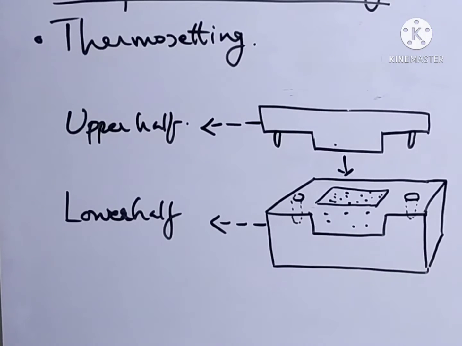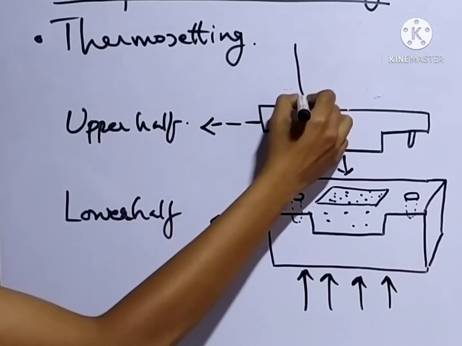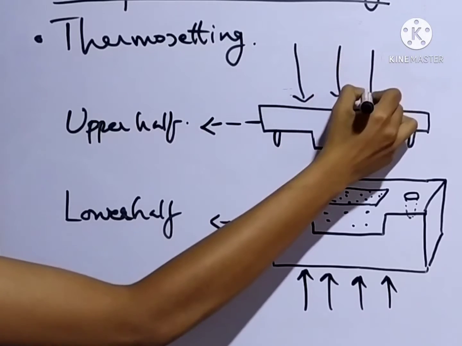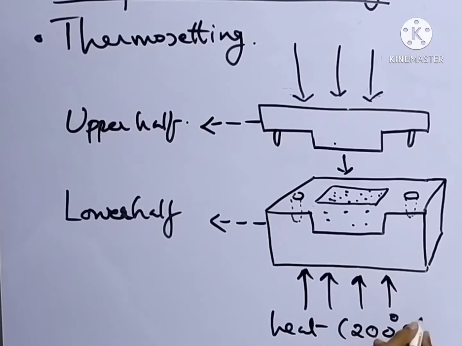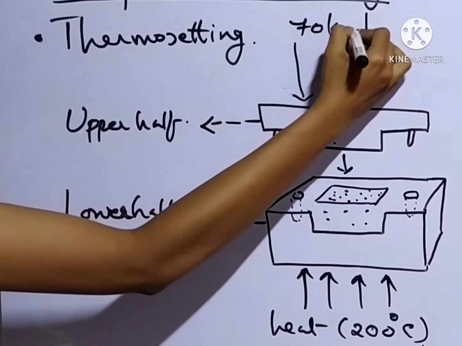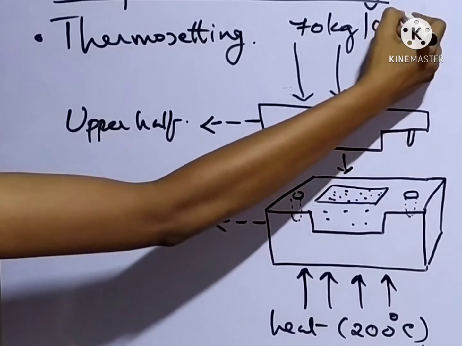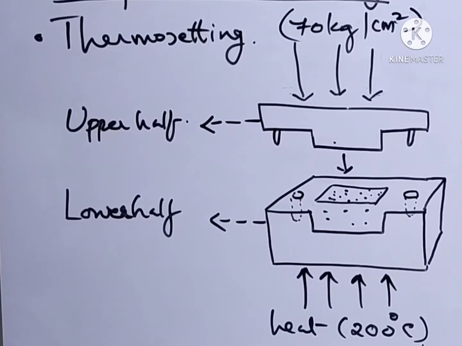During the molding process, a large amount of heat energy and pressure is applied on the mold. The heat is about 200 degrees Celsius and a pressure of about 70 kilogram per centimeter square is applied on the mold.